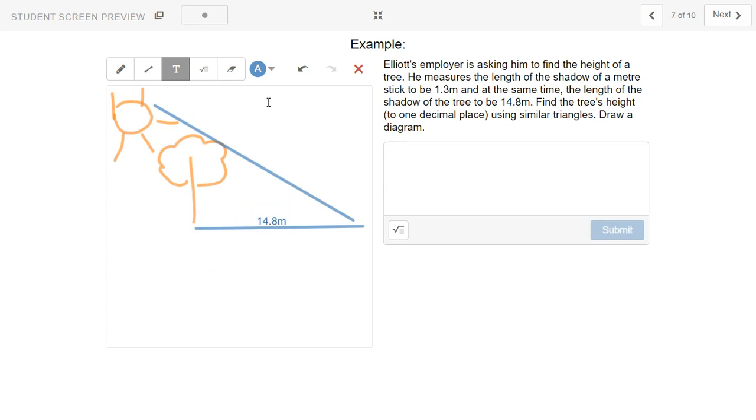The next thing we know is that there's also a meter stick. So I'm going to draw this separately. Somewhere else, he put a meter stick. The meter stick is just 1 meter long. But once again, the sun is shining on it.